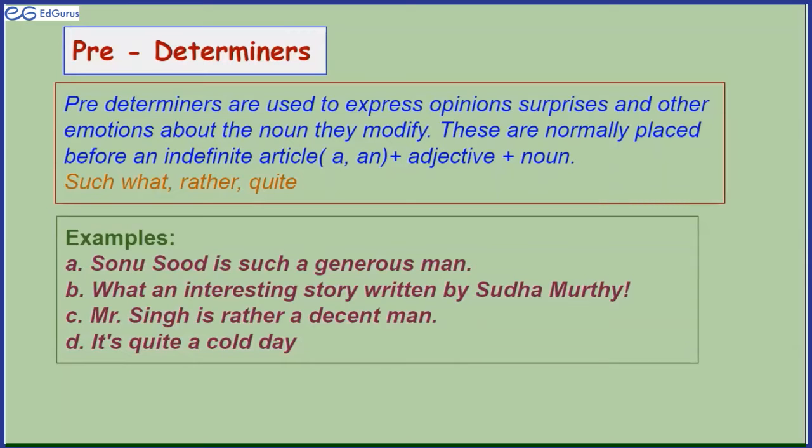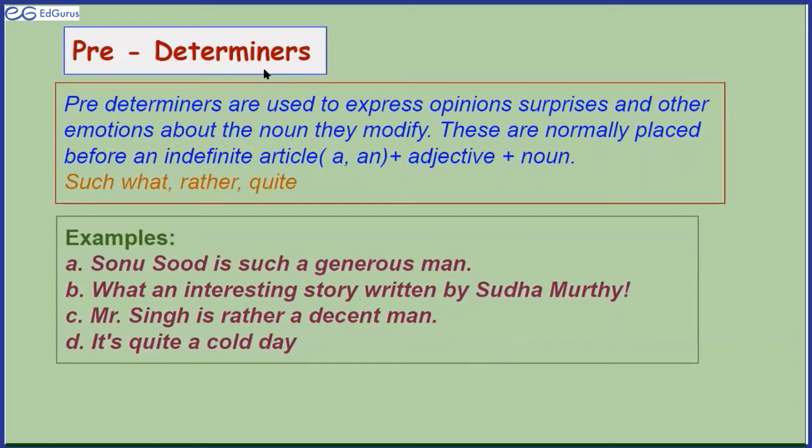Yes. Look at the examples. First of all, these 4 words you find: such, what, rather, quite. These 4 words are predeterminers. Now you will see their function as it is written here. The first example you see, Sonu Sood is such a generous man. Sonu Sood, very famous these days. He rose to fame in the second wave of the pandemic.